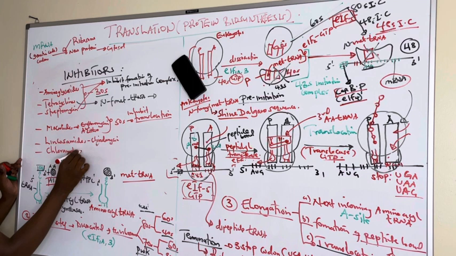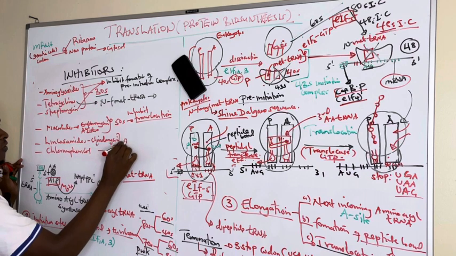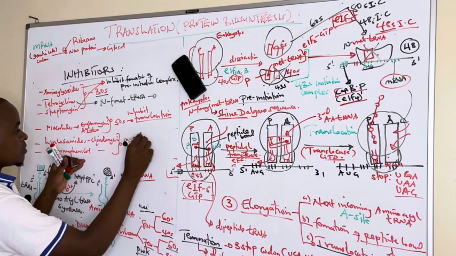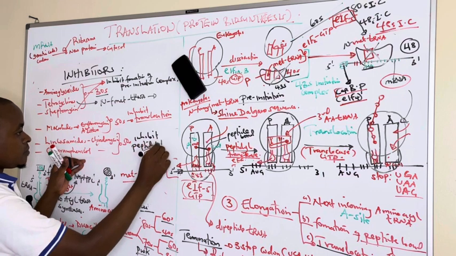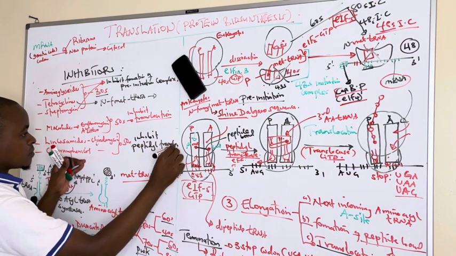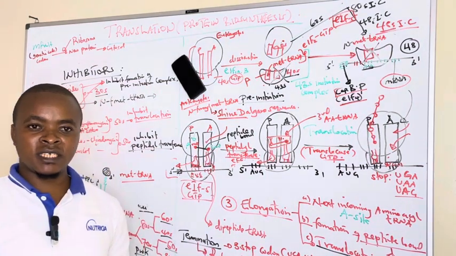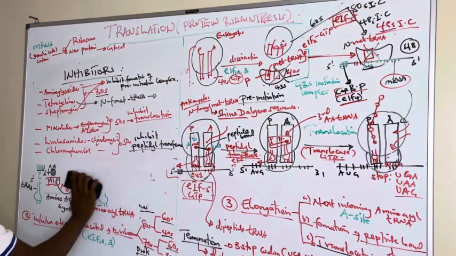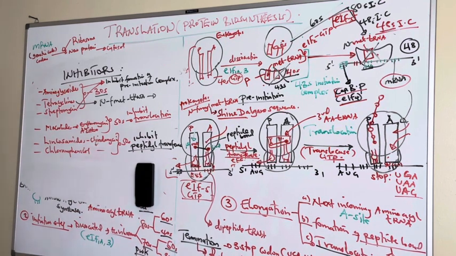And these two drugs, chloramphenicol and lincosamides, their role is that they also bind to the 50S ribosomal subunit, but specifically they inhibit peptidyltransferase. And once peptidyltransferase is inhibited, there is no formation of the peptide bond. The lincosamides and chloramphenicol inhibit peptidyltransferase, which is responsible for formation of the peptide bond.